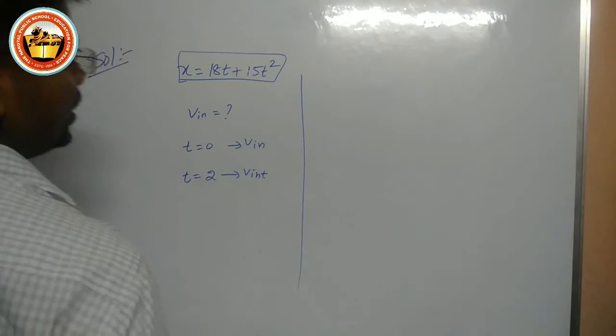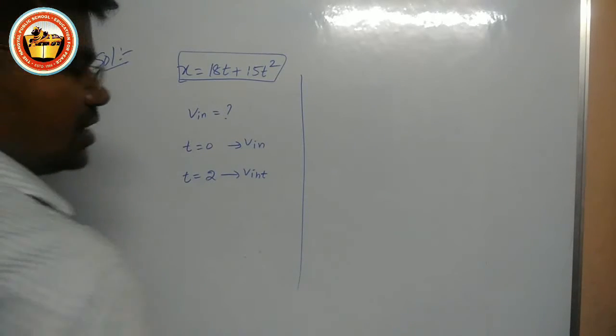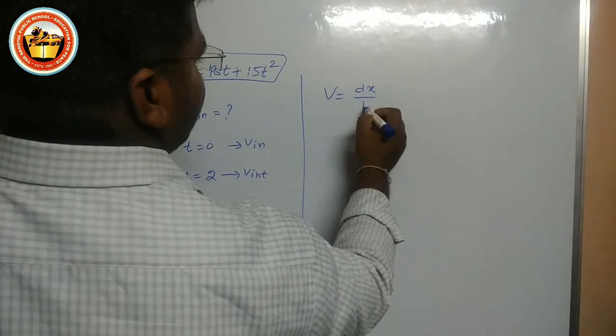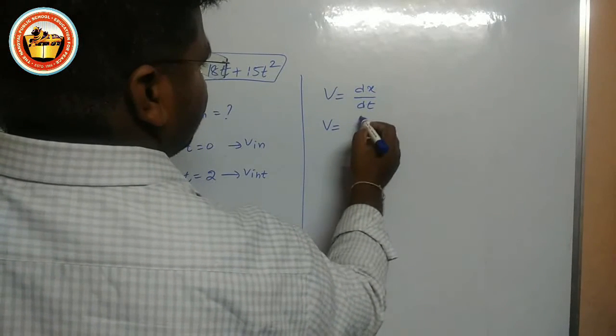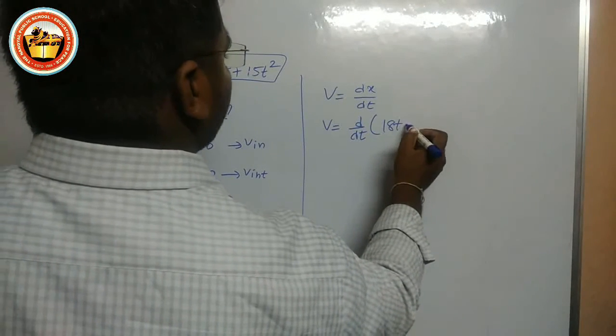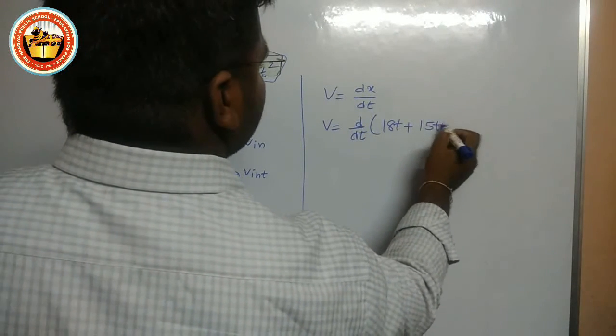How can we find the instantaneous velocity? V is equal to dx by dt. V is equal to d by dt of 18t plus 15t square.